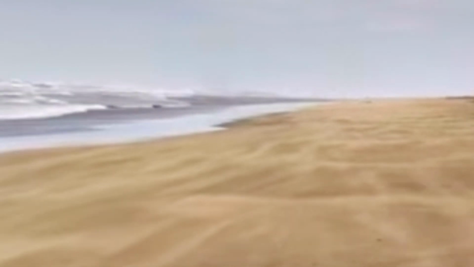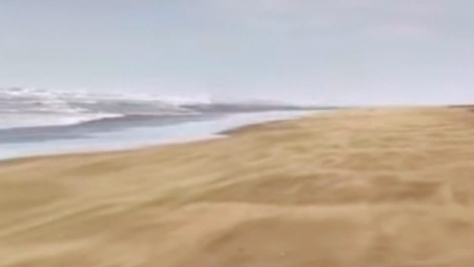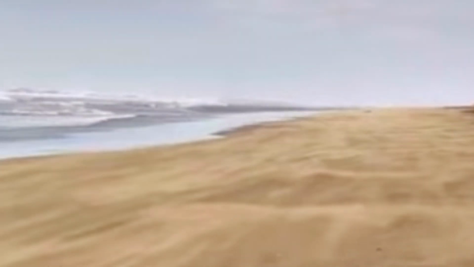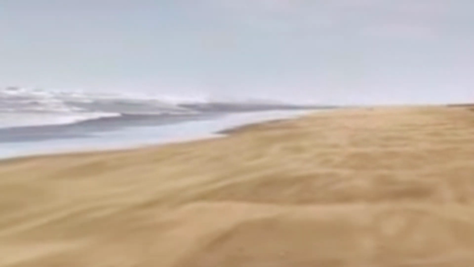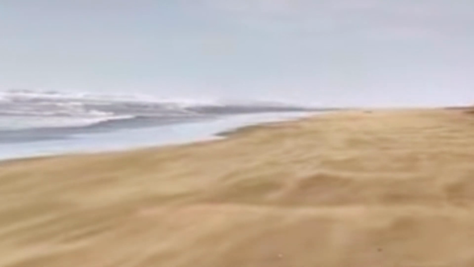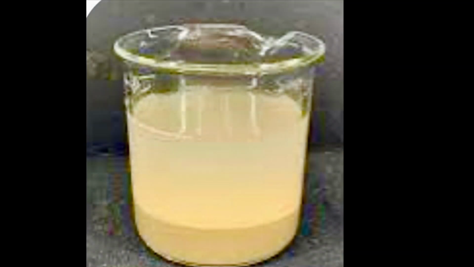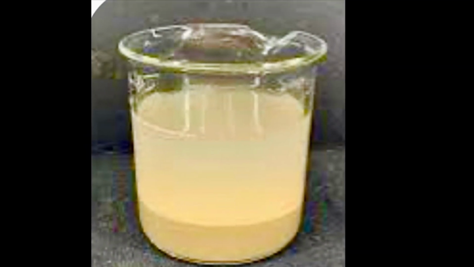Now picture an ancient sandy beach next to the sea at the edge of a huge sand dune field, similar to, let's say, the Navajo sandstone formation out in the Colorado Plateau. High winds blow tiny, teeny sand particles way out into the ocean, where they get suspended in the water.